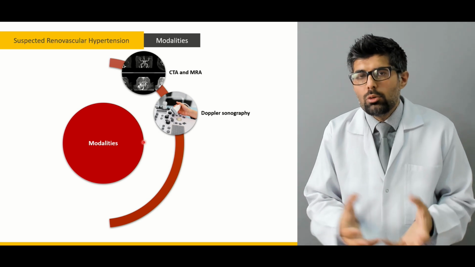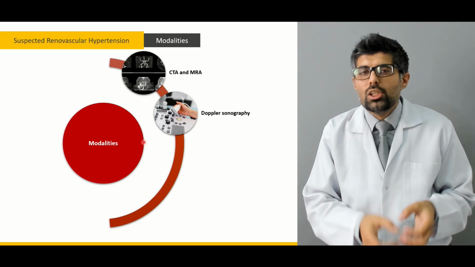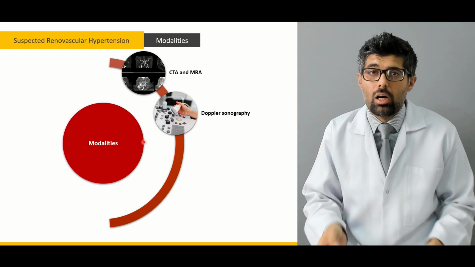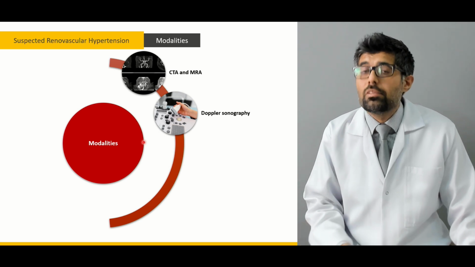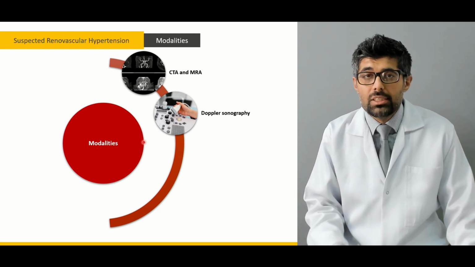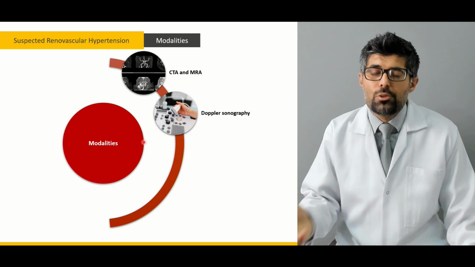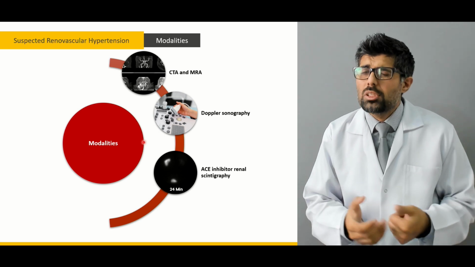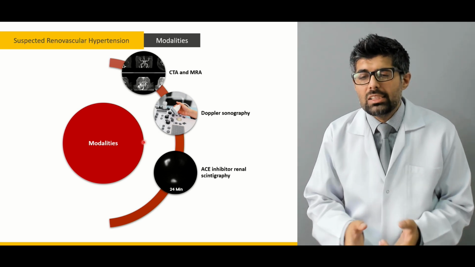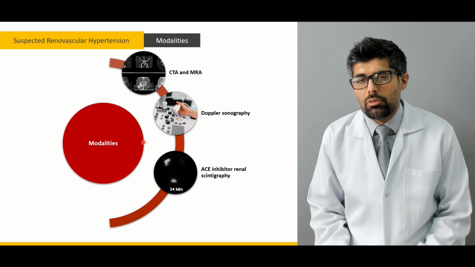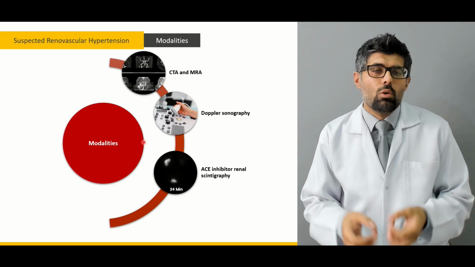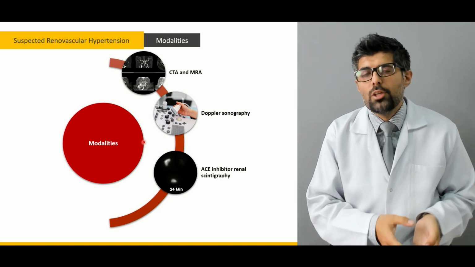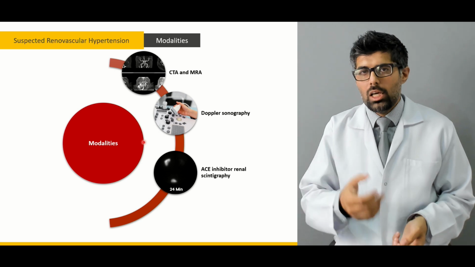So, in the Doppler ultrasound, we actually look at the velocity at which the blood is flowing through the renal artery. If it's high enough, we can confirm that it is hypertension of renal cause. Another study that is performed is an ACE inhibitor renal scintigraphy. In this study, we introduce ACE inhibitors, or angiotensin converting enzyme inhibitors.